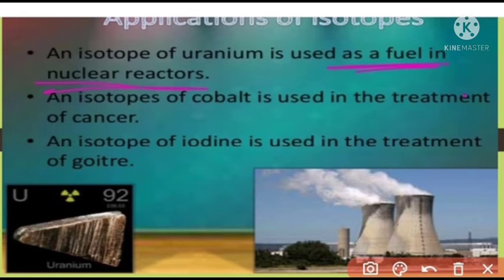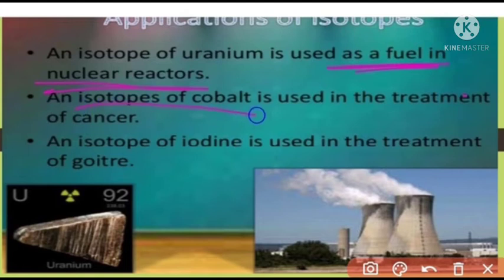The isotope is bombarded by slow neutrons to make electricity and also to make atom bombs. Isotopes are used in different applications in industry and the medicinal field also.